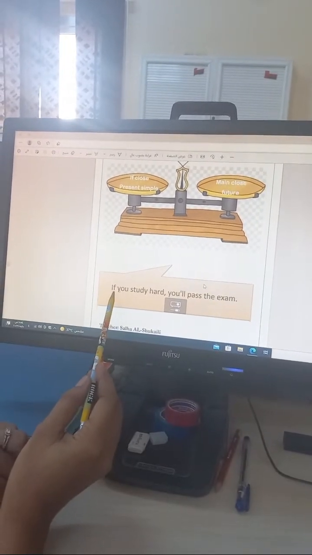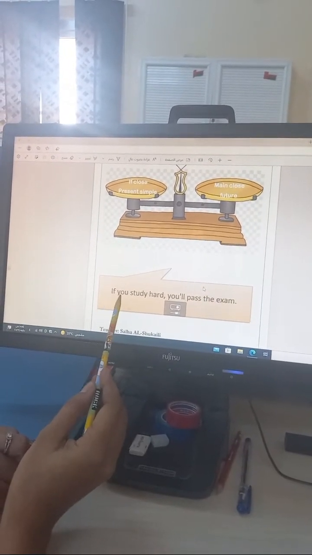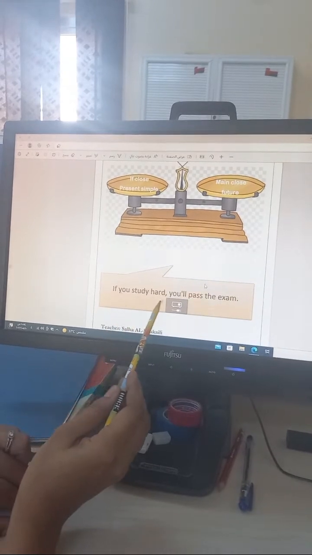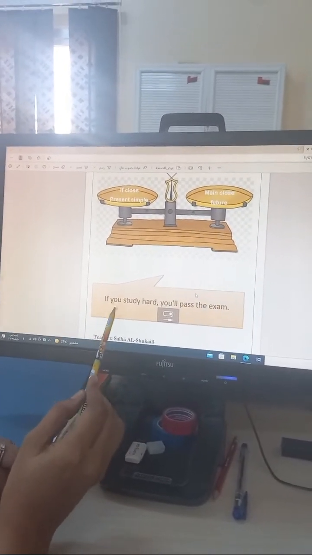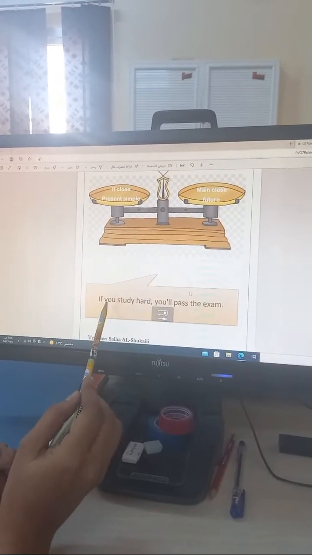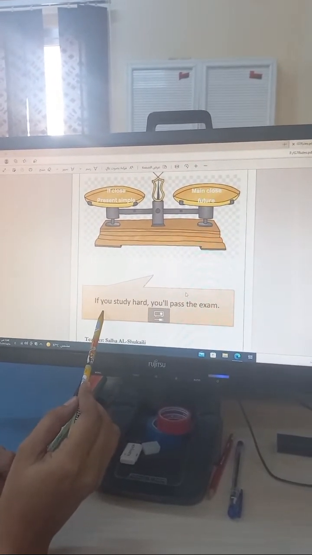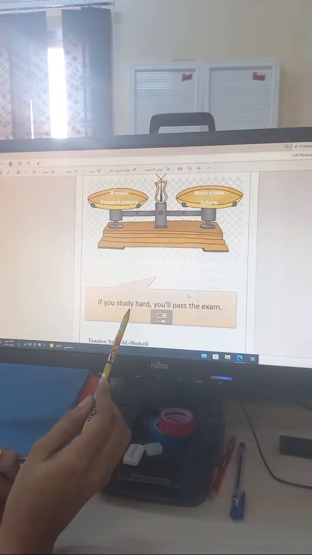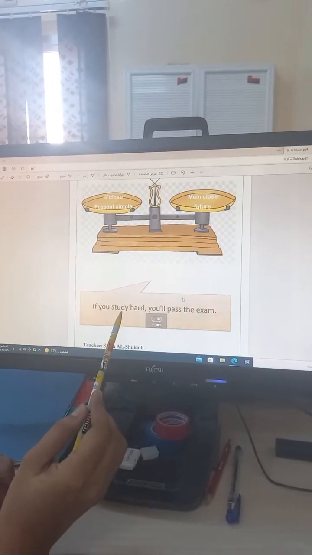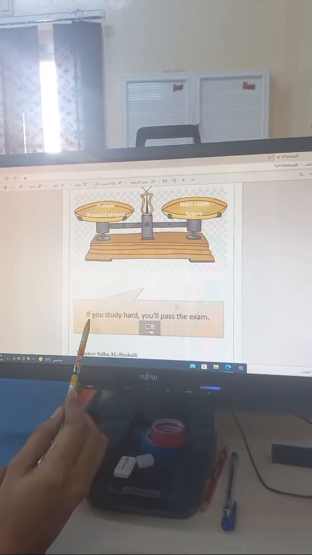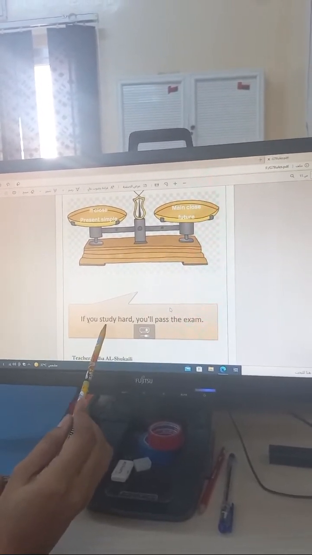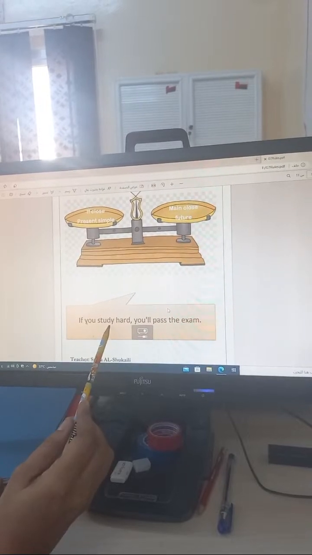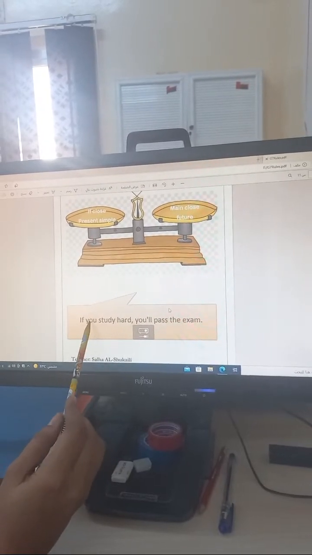So, if we start with if, after if we have what? The sentence should be in the present simple. Start with a subject, singular or plural, plus a verb coming after it. For example here, if you study, we used study without adding anything because it's plural.